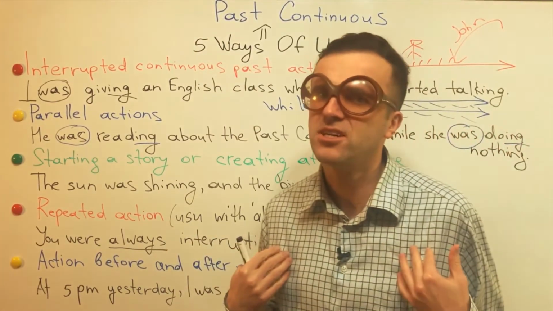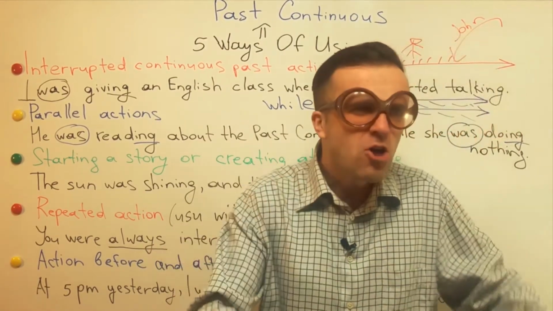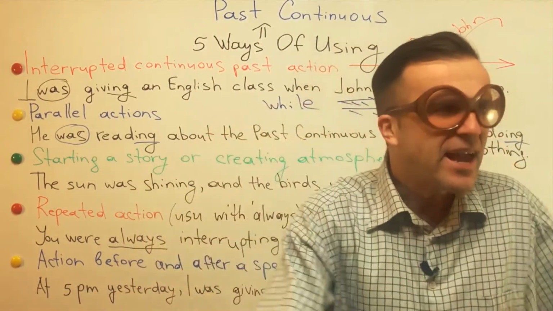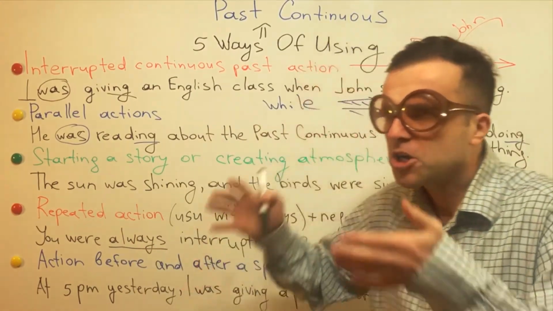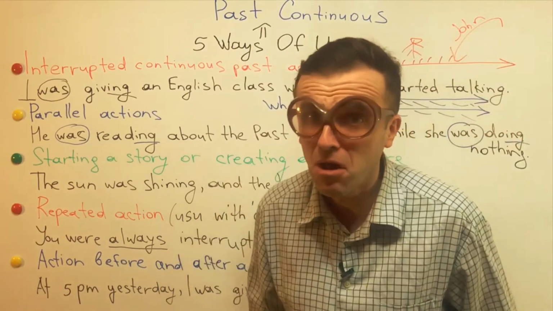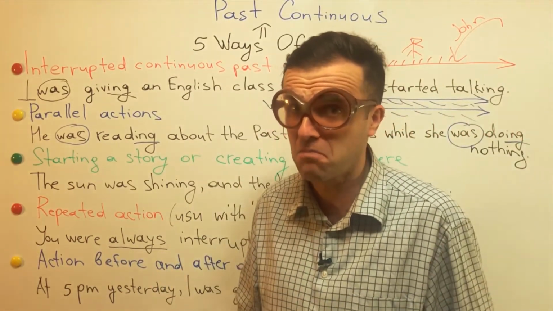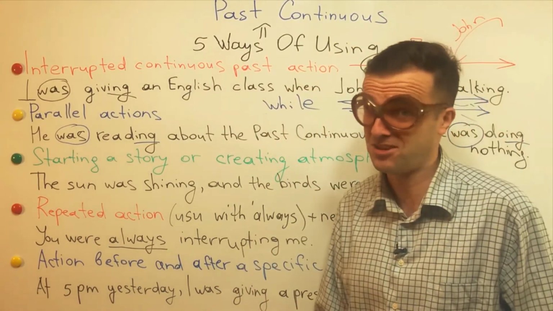That's not a positive thing for me, okay? Or for example, you were always leaving the dishes in the sink, okay? Or you were always complaining to the school principal about me, about poor me. I don't mean that.